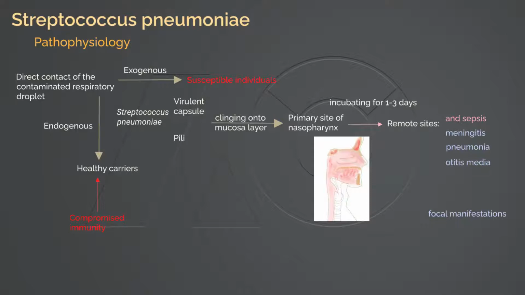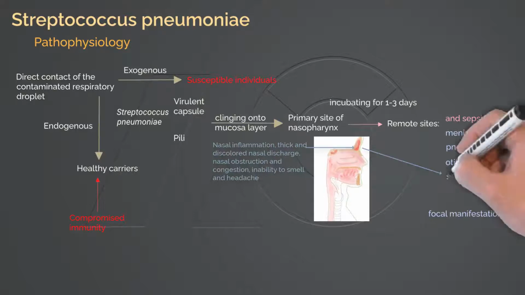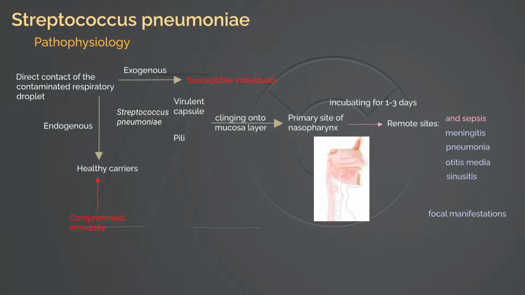For example, nasal inflammation, thick and discolored nasal discharge, nasal obstruction and congestion, inability to smell, and headache manifest if the patient has sinusitis. Sore throat, difficulty swallowing, and hoarsened voice manifest if Streptococcus pneumoniae causes pharyngitis.